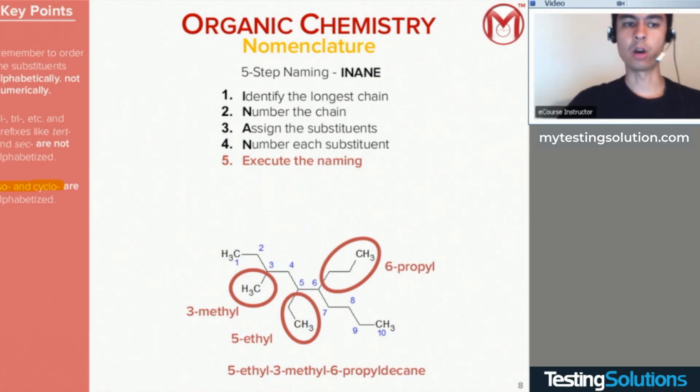Iso and cyclo are alphabetized as I or C, so isopropyl would then come before the ethyl. But the numerical ones or other structural ones like di, tri, tert, sec, these are not alphabetized. So a dipropyl would still be alphabetized as a P rather than as a D.